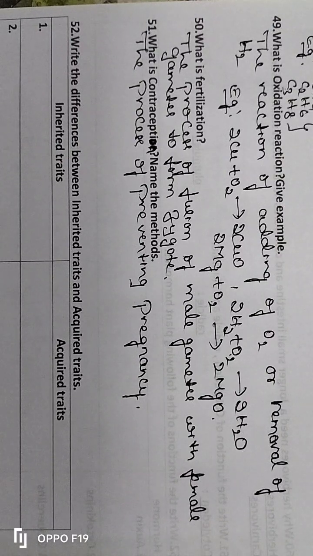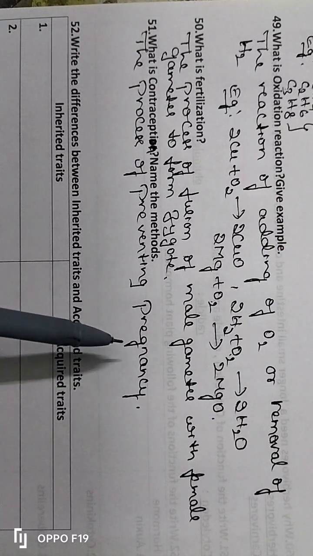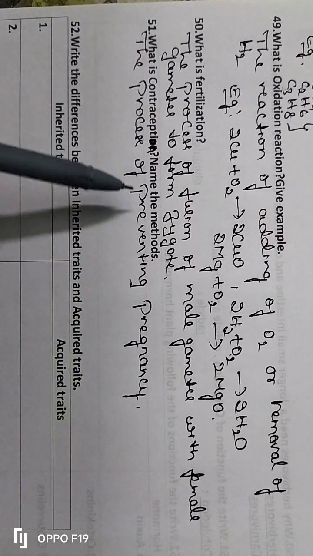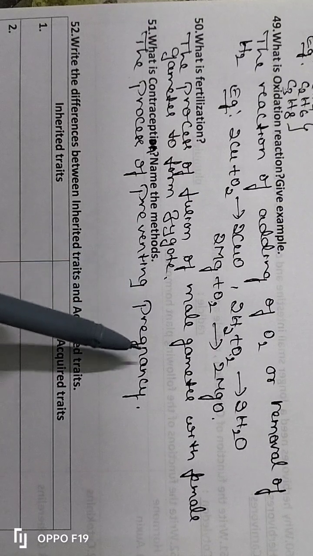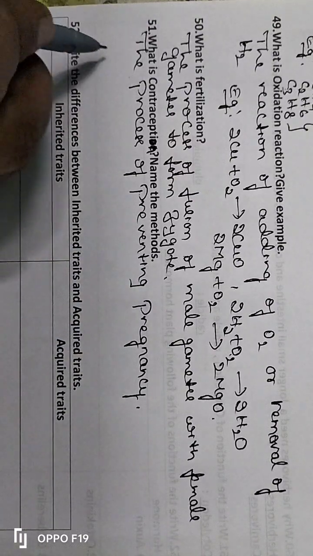The process of preventing pregnancy is called contraception. Then let us make a list of the various methods to avoid pregnancy.